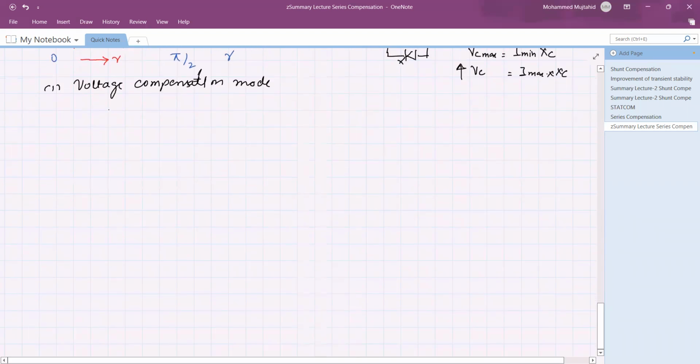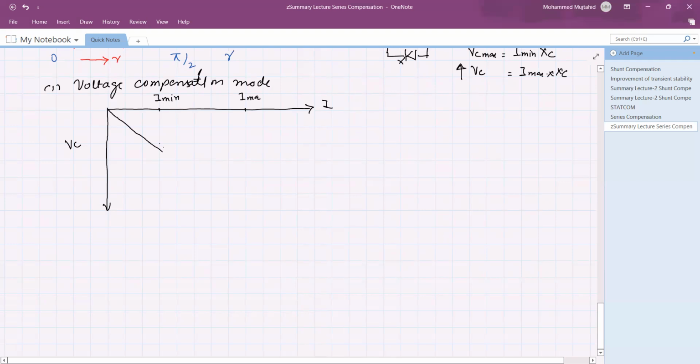So we will draw this VI characteristic of voltage compensation mode. Say this is the current I, and this is the voltage across capacitor VC. Say this is the minimum current, and say this is the maximum current. So even at minimum current, the voltage across capacitor is maximum.